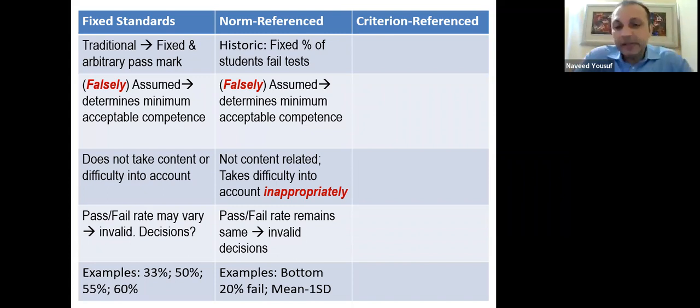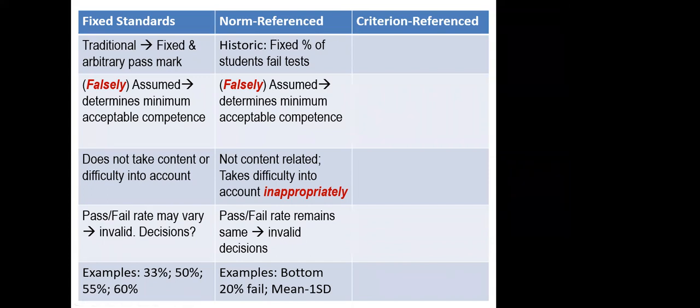The other examples which are used is, for example, mean minus 1 standard deviation, which means that whatever the mean on the exam is and whatever the standard deviation is, you minus 1 standard deviation from the mean score. So suppose you give an exam, the mean score of the exam came out to be 60%. The standard deviation was 5%.